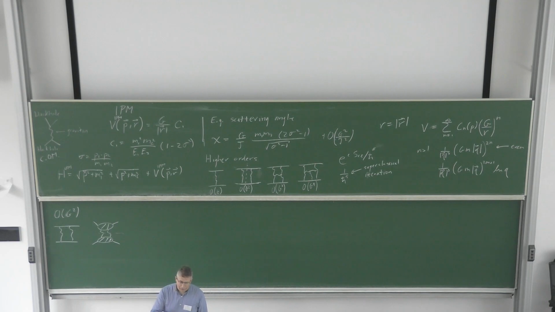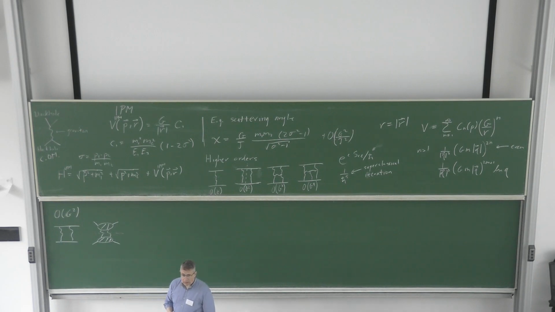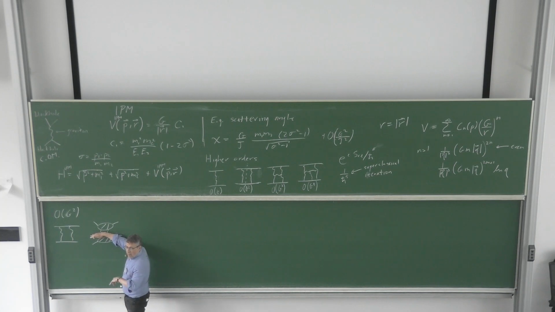We are effectively putting them on shell. And what I mean by that is that we're only interested in the residue of the pole. There has to be a propagator here. Otherwise, it's not a long-range force, and therefore, we're not interested in that. And that means we can calculate this the on-shell way, and then later on, we're going to go off-shell to extract the potential. Right? The potential is inherently an off-shell object.